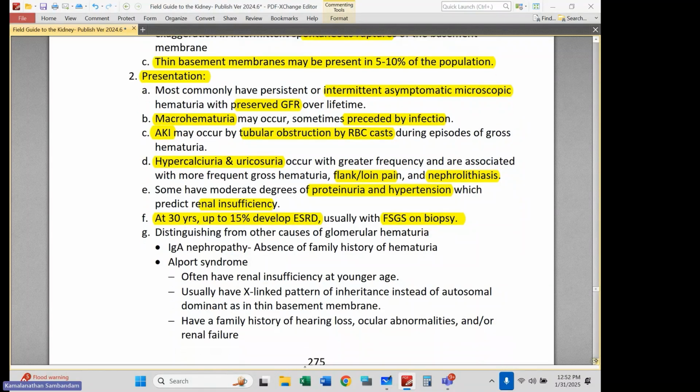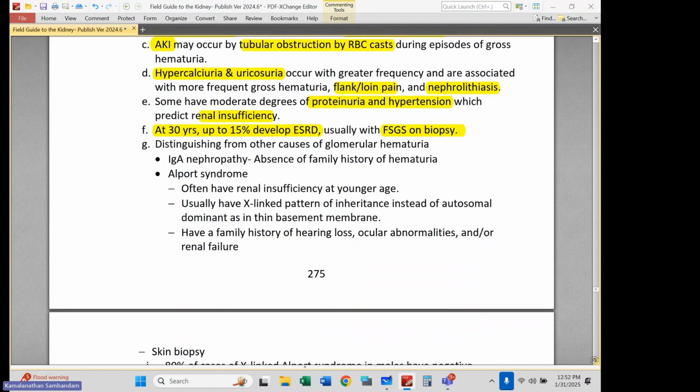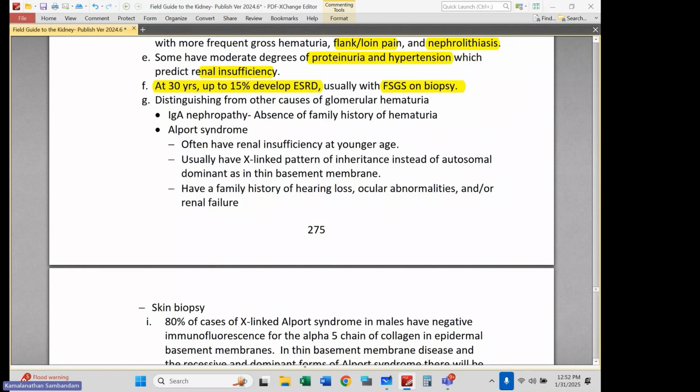Now, how do we distinguish thin basement membrane or X-linked Alport's carriers from IgA nephropathy? Or how do I distinguish thin basement membrane from Alport's? That too is a messy distinction.